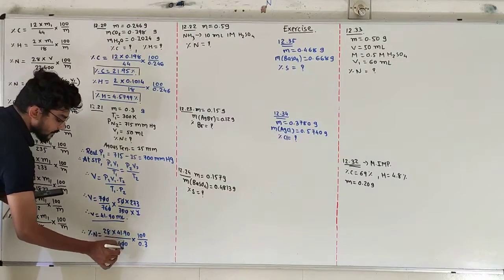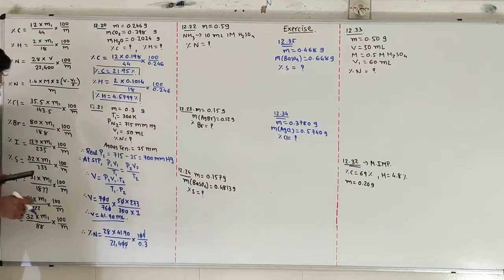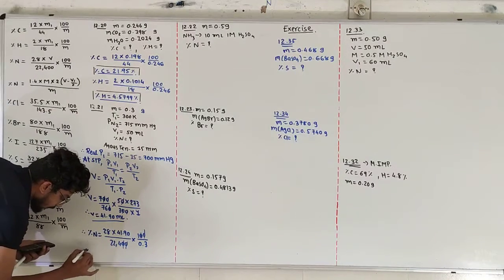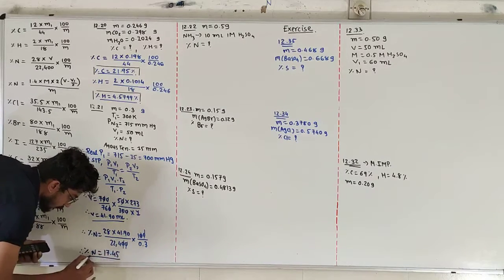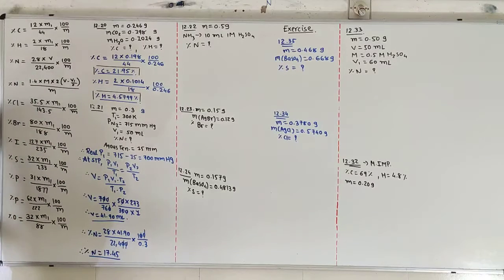First of all, 2 zeros have been cancelled out, from 100 and the 22,400. So 28 into 41.90 divided by 224 and again divided by 0.3. So the percentage of nitrogen in the Dumas formula is equal to 17.45.